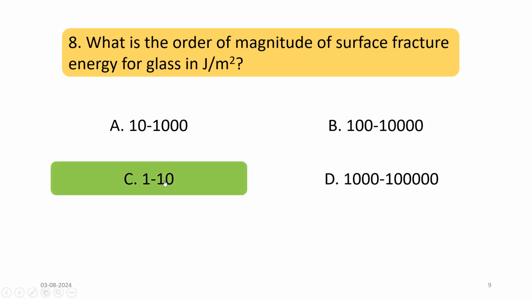Okay, 1 to 10 for glass. For 10 to 10 cube, it is plastics, and for 10 cube to 10 to the power 5, it is for metals. So this is the order of magnitude of surface fracture energy for glass. And then 10 to 10,000, I have written just for the parameter, like for the MCQ options. It is not something appropriate.